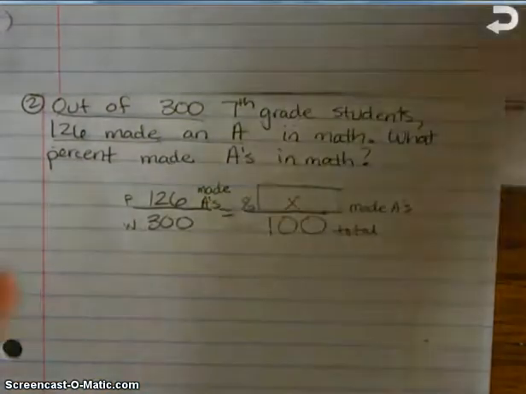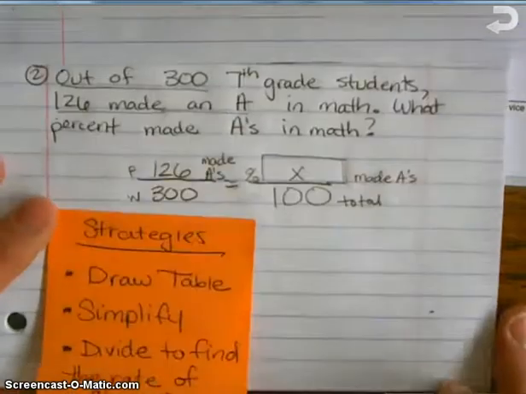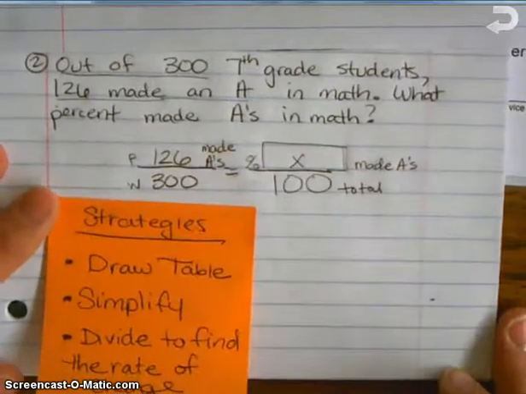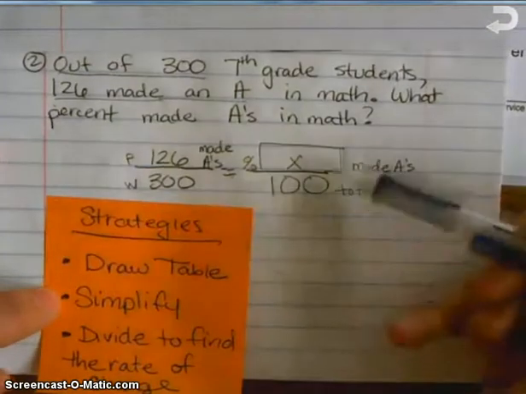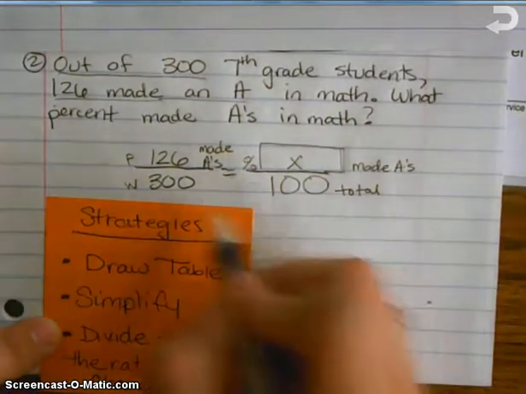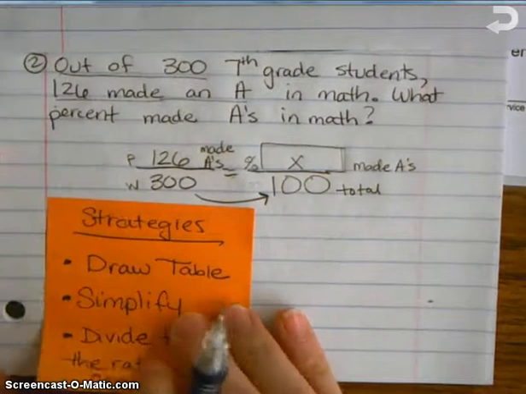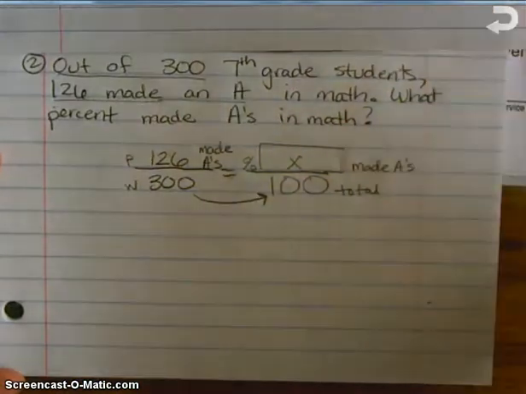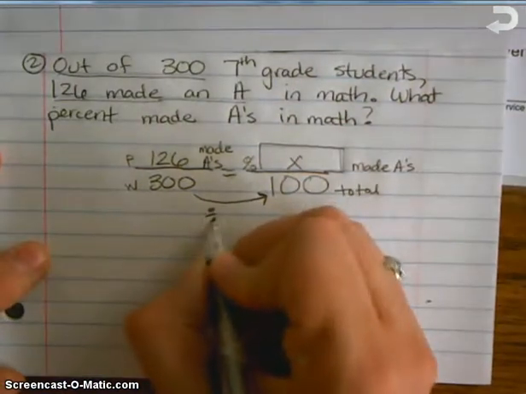Now this time, when I look at my strategies, I don't need to draw a table because I've set up my proportion. Simplifying, I don't even have to simplify because I can figure out what the rate of change is fairly easily here. From 300 to 100, all I have to do is divide by 3.